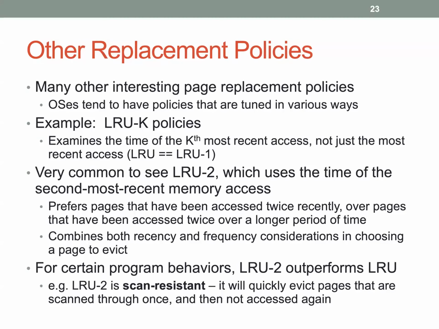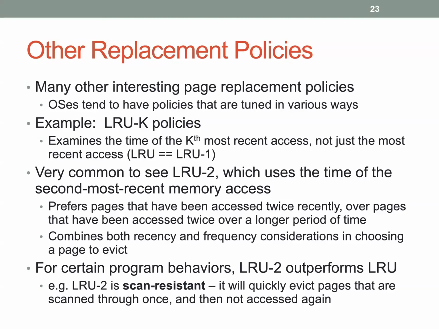When you have a program that loads a bunch of data into memory and then scans all of it once and then never accesses it again, now LRU thinks that all of those pages are super important because they've been accessed super recently. But the reality is the program will not access those pages again, and so you have to wait for the pager to realize those things aren't used anymore, and then finally it can get rid of them.